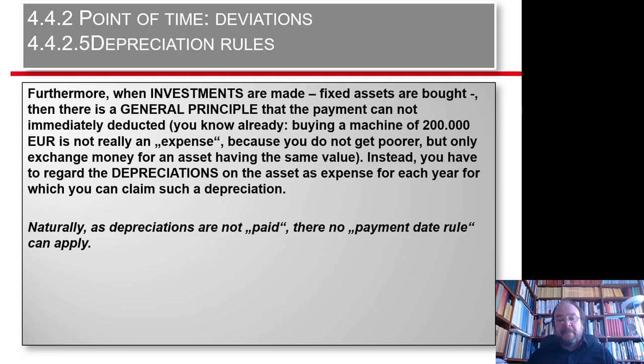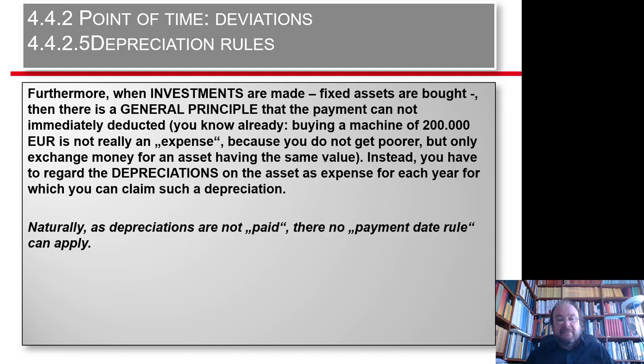Well, naturally, it must be understood that when you make investments, so when you buy a machine, when you buy a new computer or so, that then this is not immediately expense, so the payment also cannot be set off at the moment when you make the payment for such investments, for such assets.